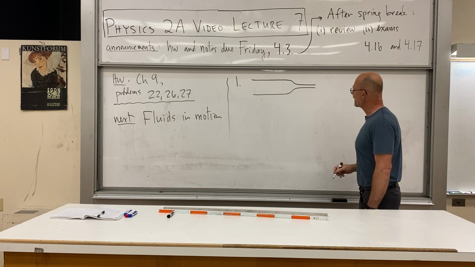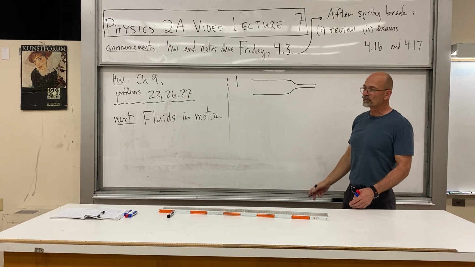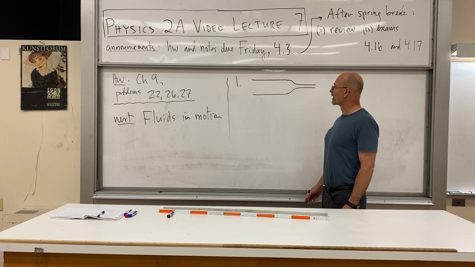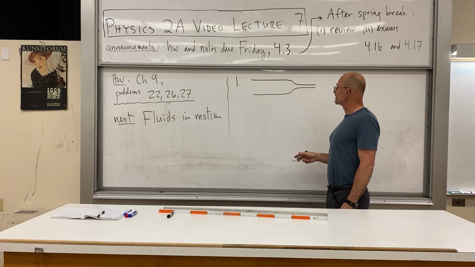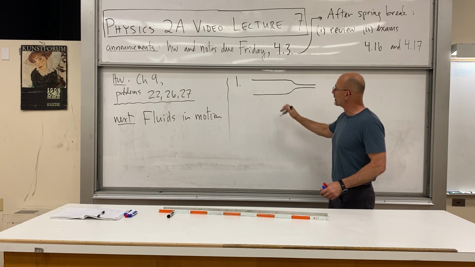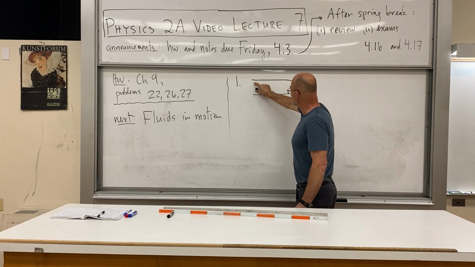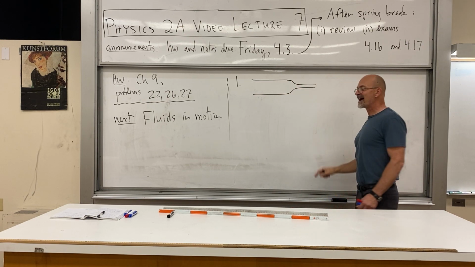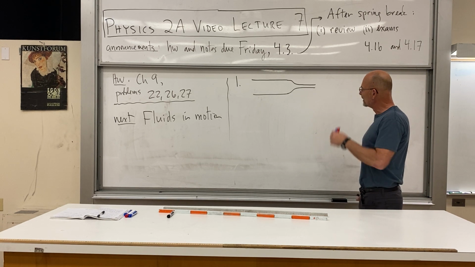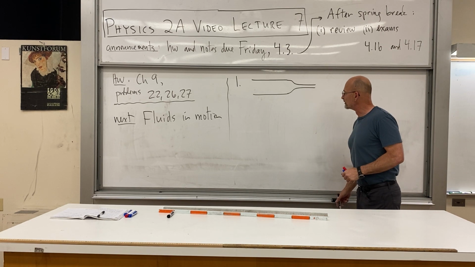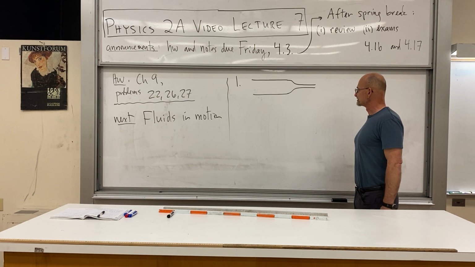In fact, there's a nice homework problem where there's a syringe, and that would be something with a very tiny constriction. But if you have a hose with a nozzle on the end, you know that the water comes in here and it squirts out much faster. So why is that, or what is that an example of?